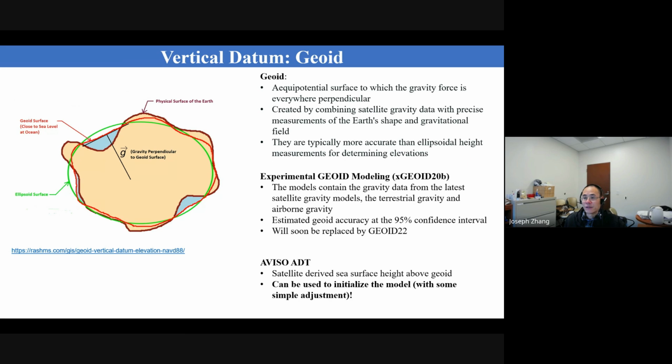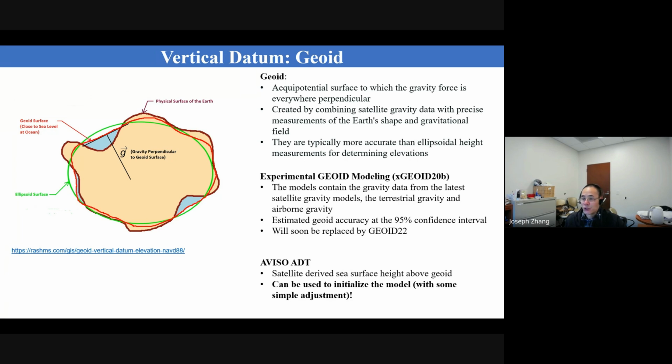So the gravity force is everywhere perpendicular to this surface, and it can be simulated using satellite gravity data with very precise measurement of surface shape and the gravitational field. In this study, we used the XGeoid20B, which is an experimental geoid being developed by NOAA, but we are moving towards the final GEOID22. So this is ongoing work.